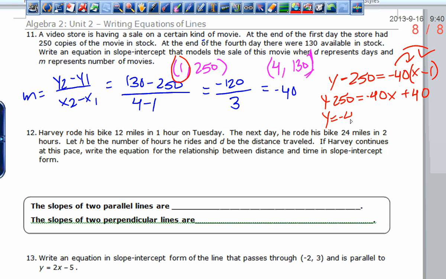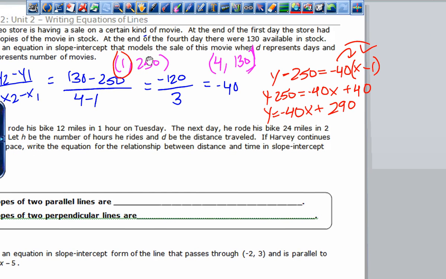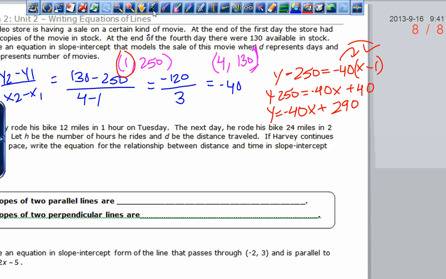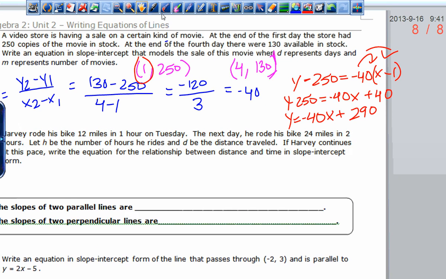So y equals negative 40x plus 290. If you want to use D and M, the number of movies would be y, so M equals negative 40 D plus 290. Either way, you're going to get the same answer.